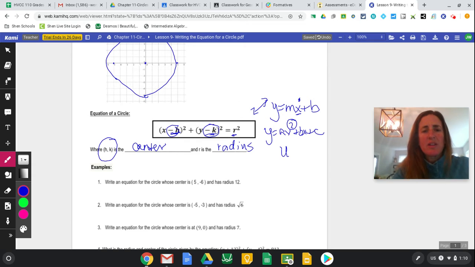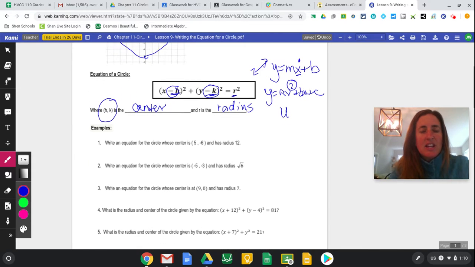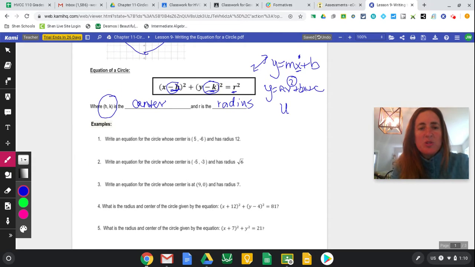So let's just start out by looking at some of these examples here. It says, write an equation for a circle whose center is at 5, negative 6, and has a radius of 12. Okay, we can do it. So we go x minus what our x value is. This becomes our h, and this becomes our k.